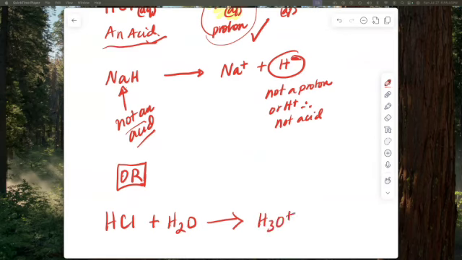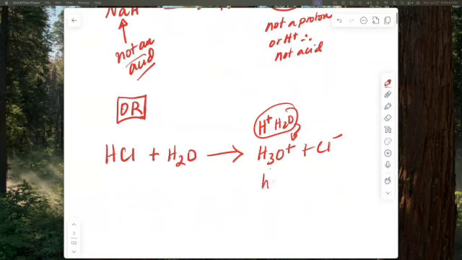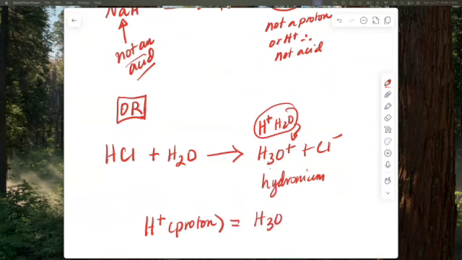What you're seeing here is the hydrogen ion is released, but it combines with water to form H3O plus, and then plus Cl minus. So this is called hydronium. For the sake of this chapter and all other chapters, the hydrogen ion, which is called the proton, is equal to hydronium ion.